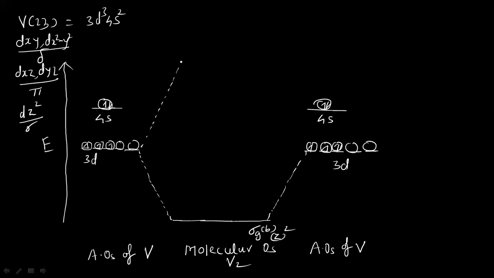This is the anti-bonding molecular orbital, that is sigma g star anti-bonding molecular orbital. It is also from the z square orbital.